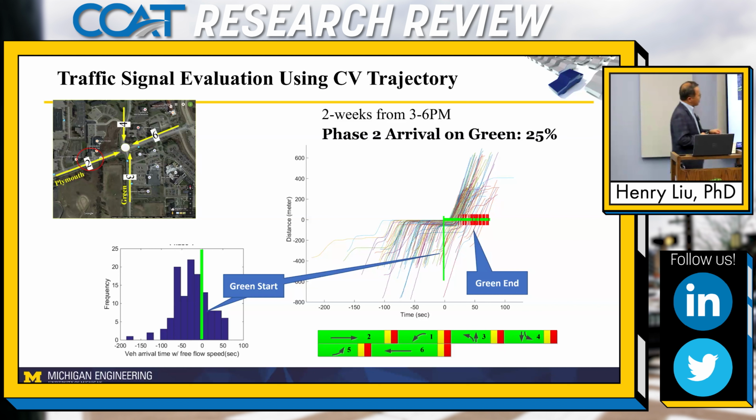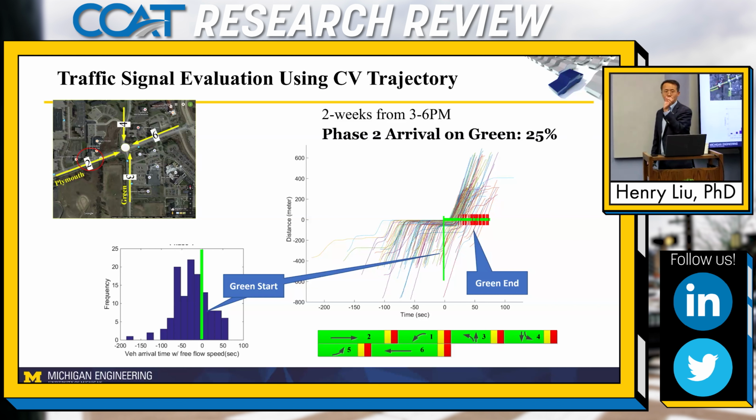Then we look at when the green starts and the percentage of vehicles that arrive at the intersection without stopping. For example, this blue line gets to the intersection and crosses it without any stop. For that, we call it arrival on green.